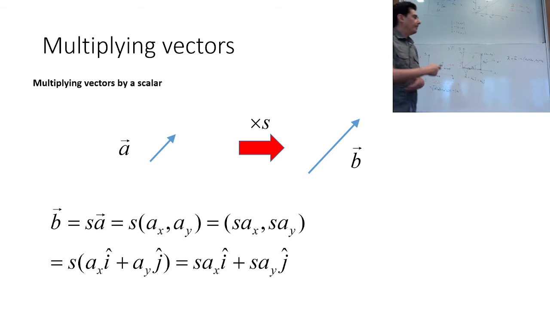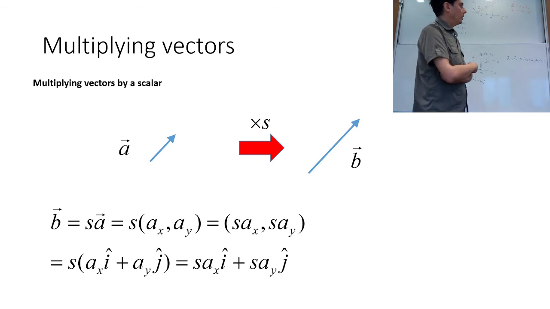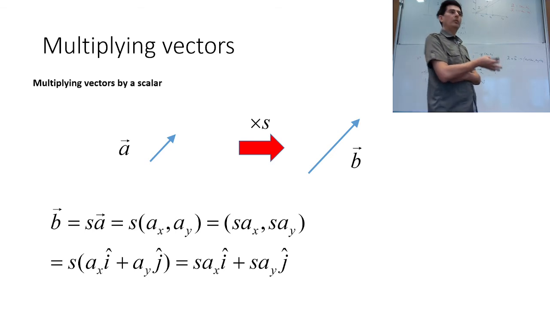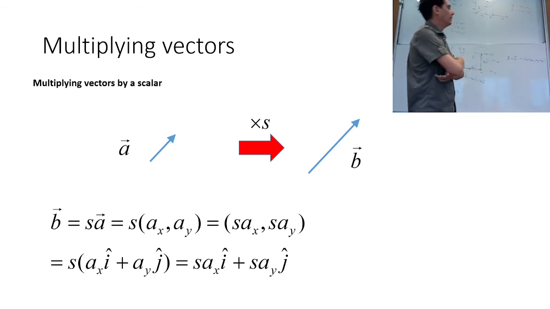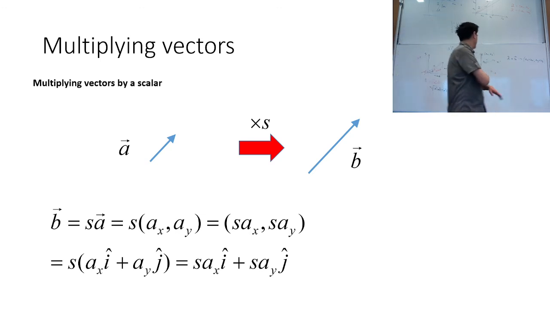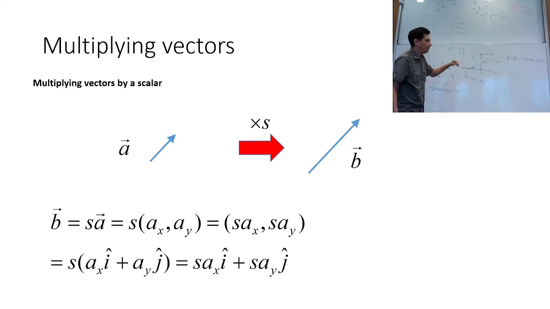All right. And the final topic that we're going to do is to talk about how you multiply vectors. We've been talking more about how you add vectors or subtract vectors. But you can also multiply vectors, and we've actually already done this implicitly here.